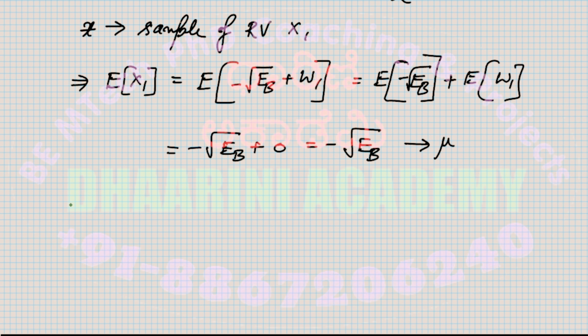Normally, that's the way. Also, we calculate the variance of this. This means the variance of x1. How do you calculate?